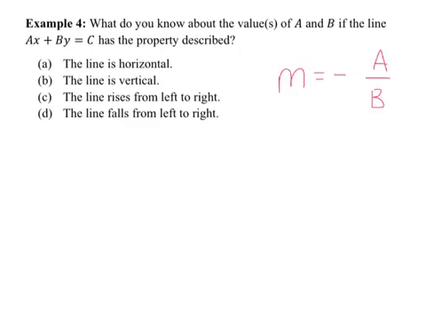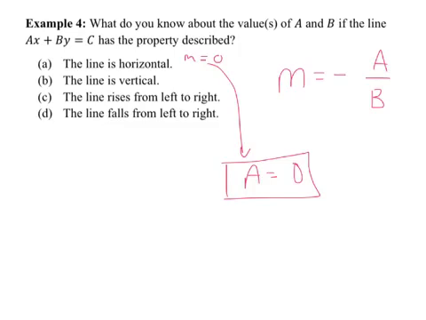So to get a horizontal line, where the slope is 0, A must be 0. So for part A, the numerator, A, must be 0. I don't care about B. I don't care about the negative sign out in front. Does that make sense so far?